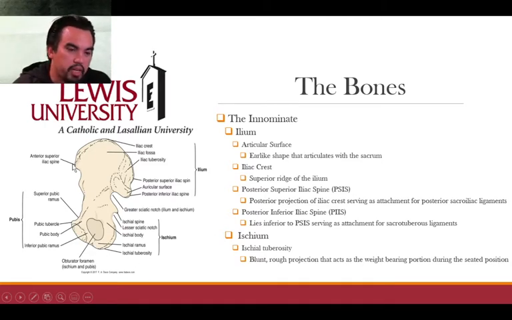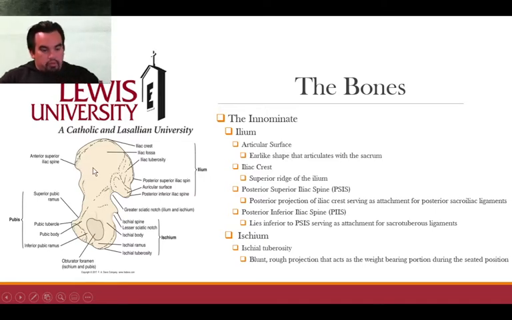And then if you look back here, since it's not on the slide, I am going to go over it. I'm sure we'll talk about it later. But if you follow that crest where you did rest your hands on your hips, right? Follow it to the anterior side, you now get your ASIS. And that little bony protuberance right at the front of your hip, right before it dips down, you will feel your ASIS.